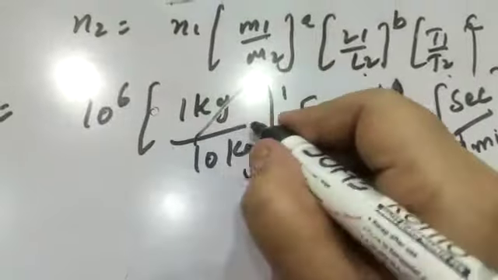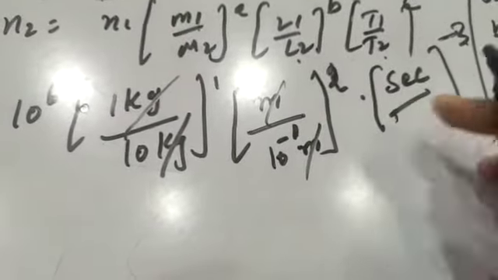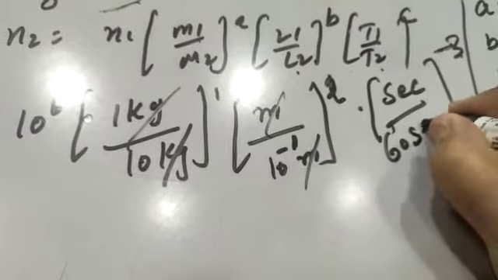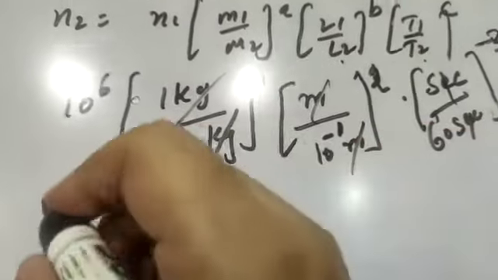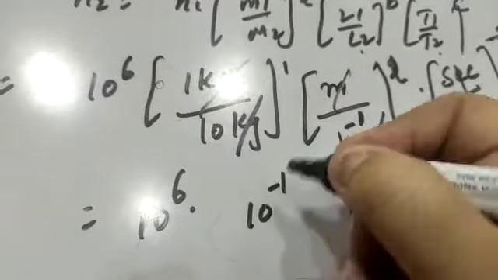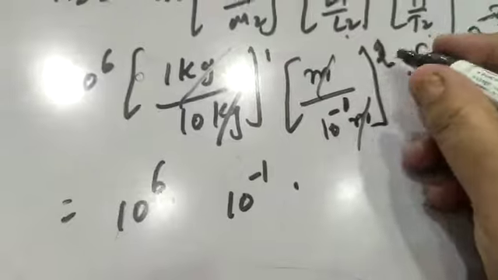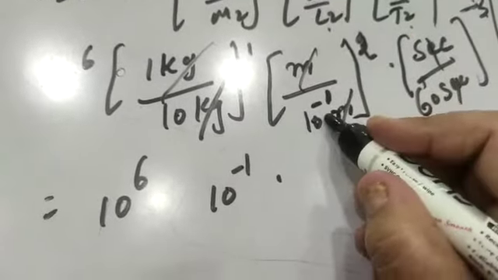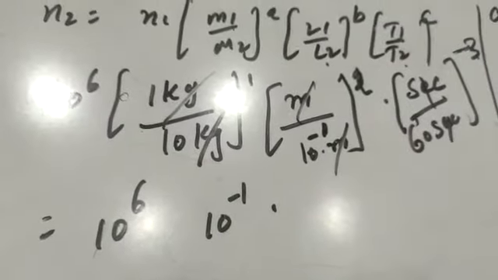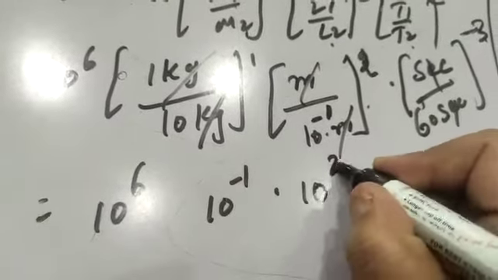Now solving this, kg cancels out, meter cancels out. For minute, 1 minute we can write as 60 second. Second cancels out. Now solving it, 10 raised to power 6. This becomes 10 raised to power minus 1 when we are taking it up. And this becomes 10 raised to power minus 2. This minus 1, when taken upward, becomes 10 raised to power 1 and the power is 2. So this becomes 10 raised to power 2.